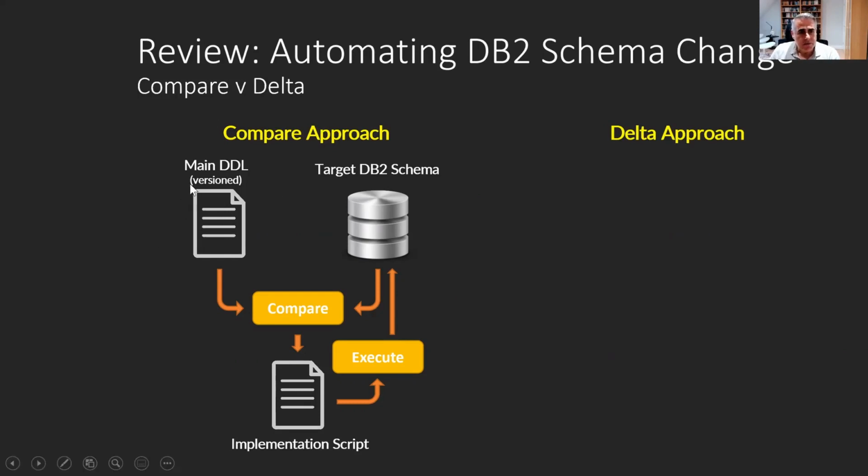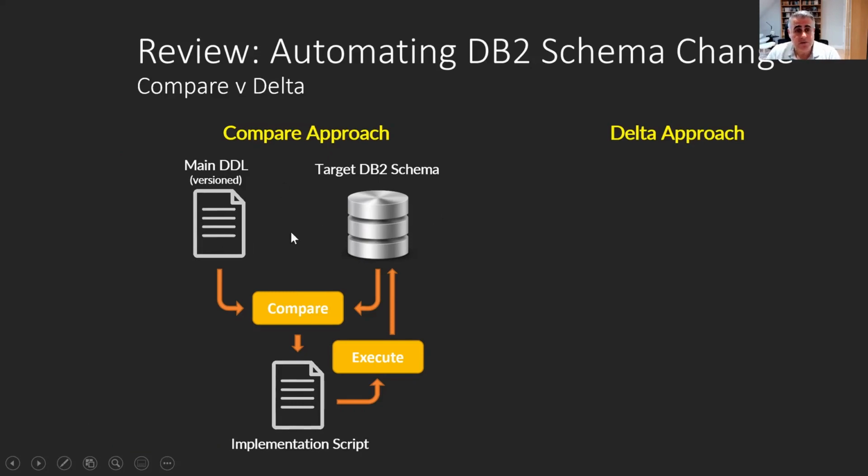You'll have some form of master or main DDL that will be your input. That's your reference schema that says how you want a particular environment to look. You'll then go through a compare process where you will get the master DDL compared against the target DB2 schema that you are looking to implement.